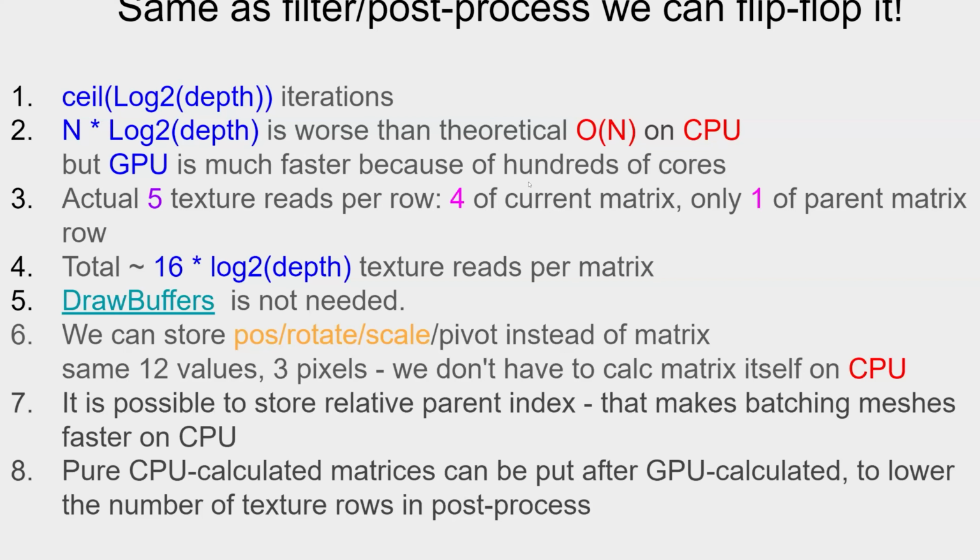The other thing is we can store position, rotation, scale, and upload it to the GPU every frame, and the GPU will calculate our matrix in the same shader. It's just obvious it can be done, and I already do it. It also gives extra performance.